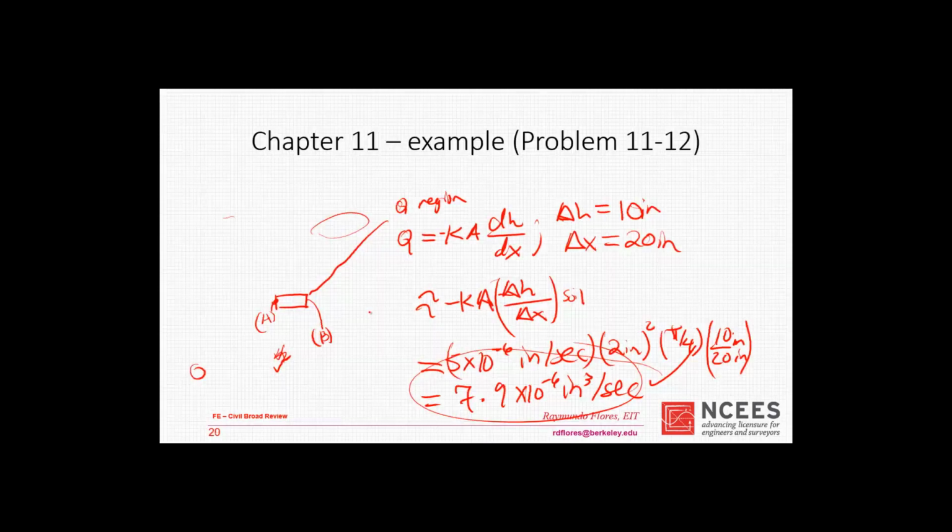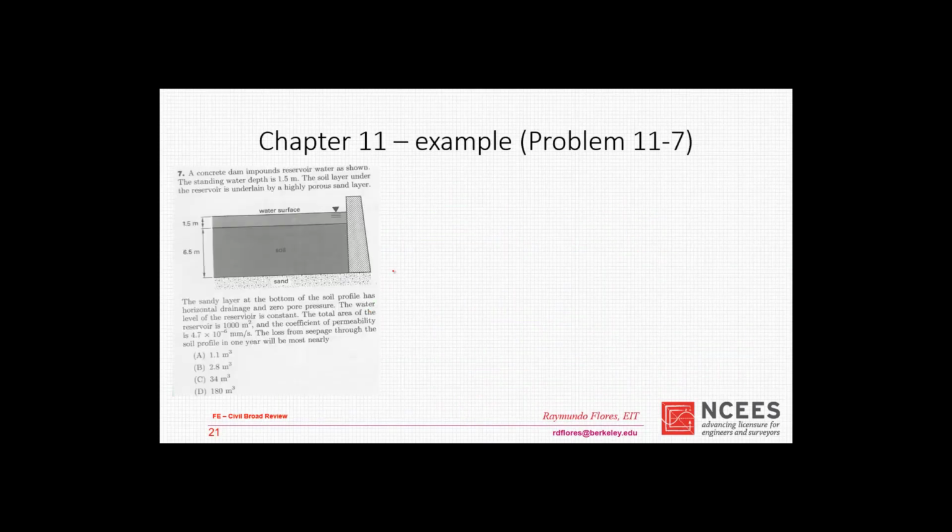We're going to be using the same Darcy equation, but instead we're going to be multiplying Q by the volume. Let's remember again, let's define our Q region. In this case the Q region is just the soil itself, the top of the soil, the bottom, and where the sand is, because it's supposed to go through the sand.